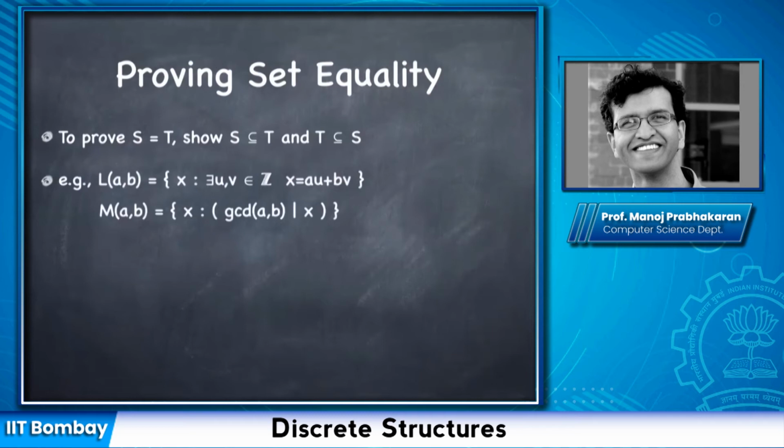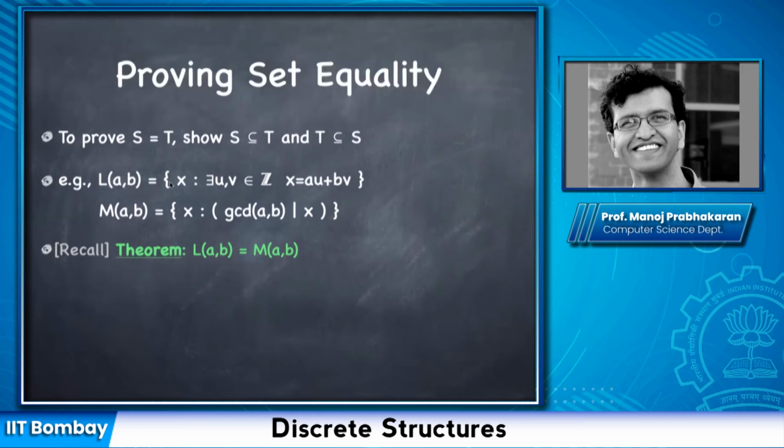As a quick example, when we were discussing numbers, we defined the set L of two integers A and B as the set of all x which can be written as an integer linear combination of A and B. And you could define another set, which is all the multiples of the GCD of A and B. If you recall, we had a theorem, which we didn't state in these words, but it said that these two sets are actually equal.